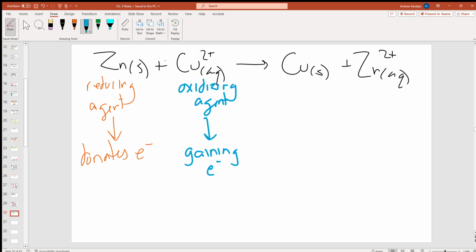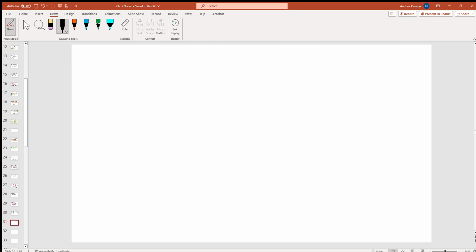So as I said, sometimes it's very straightforward to figure out which one's being oxidized, which one's being reduced, because the charges are right there in our ionic equation. On the other hand, a reaction like the following, magnesium plus O2 forms magnesium oxide.